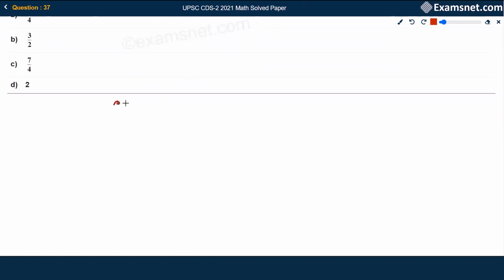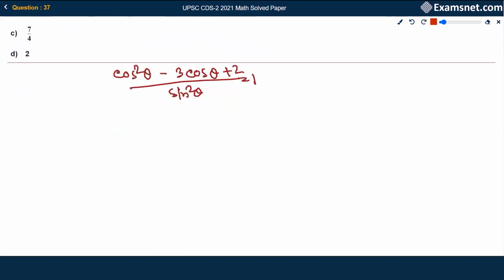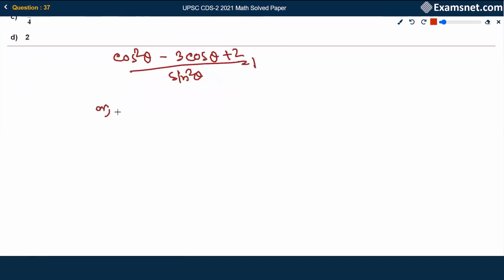So here, (cos square theta minus 3 cos theta plus 2) by sine square theta equals 1. That will give us cos square theta minus 3 cos theta plus 2 equals sine square theta.